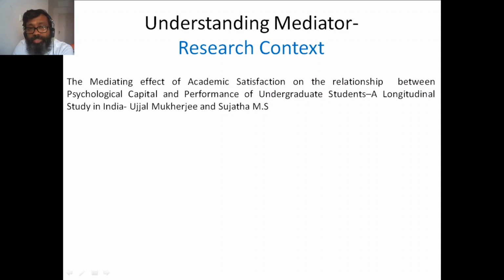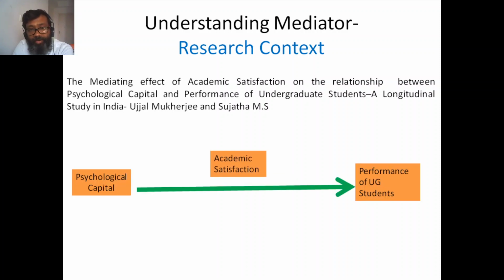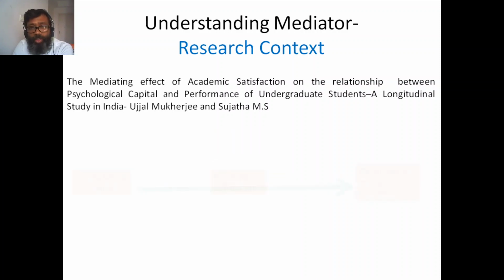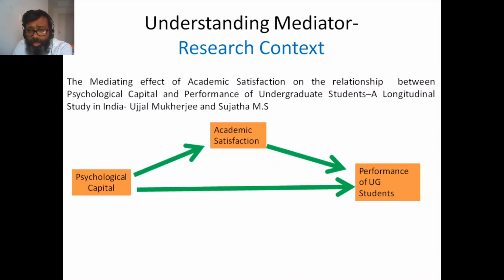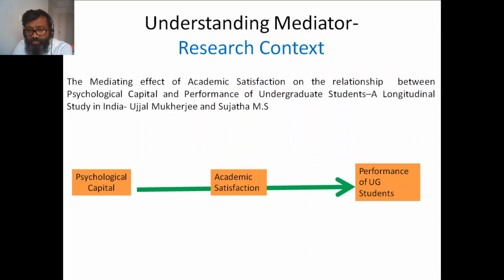So which is the independent variable? First we will write the independent variable, which is psychological capital. It influences academic satisfaction, which in turn influences performance of undergraduate students. So this is the whole process that I am describing. Psychological capital of the students will affect their academic satisfaction, which in turn will also influence the performance of undergraduate students.